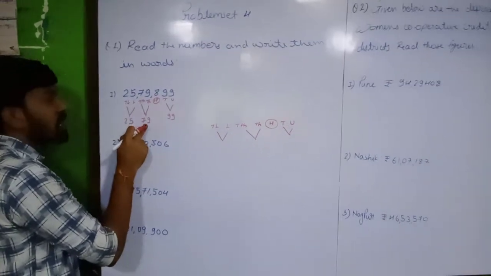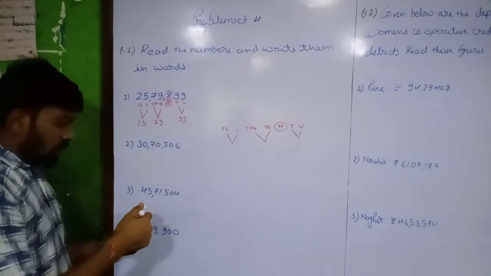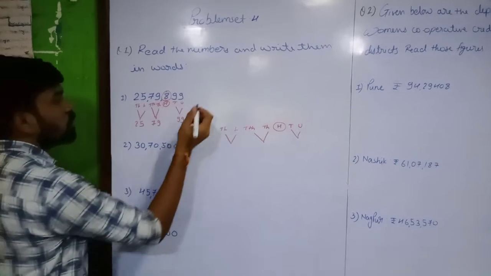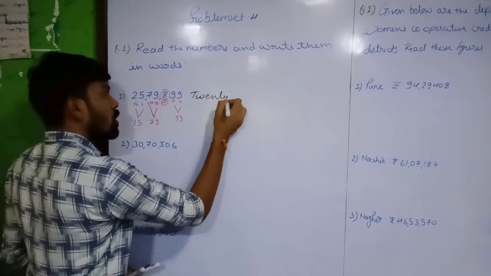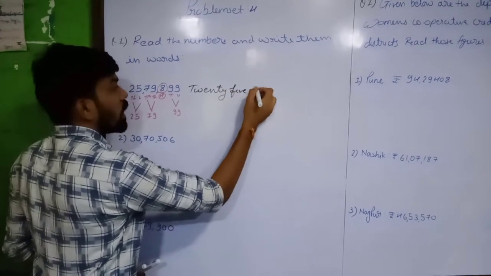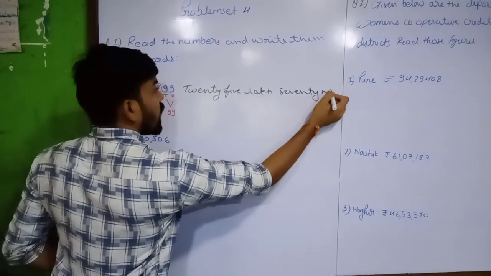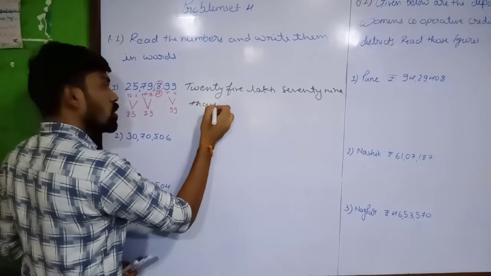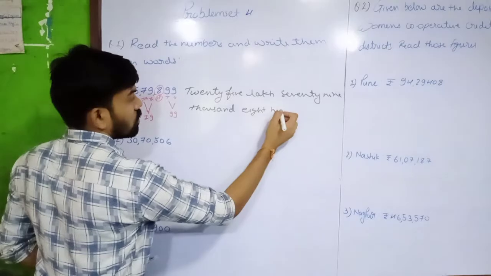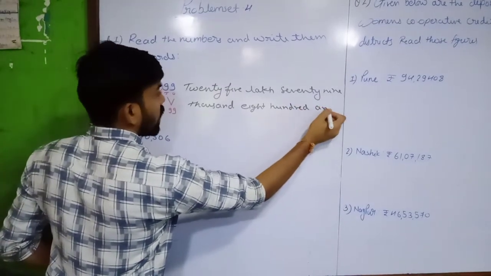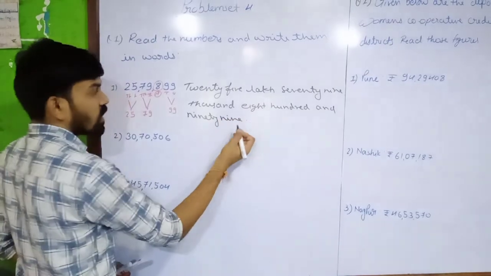So 25 lakh 79,899. This way we can write.